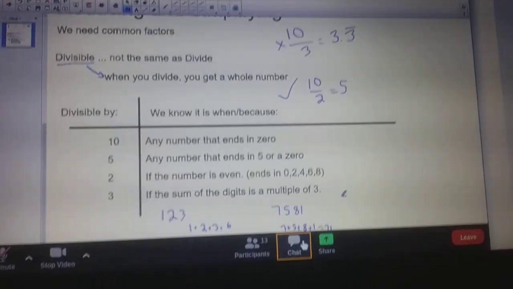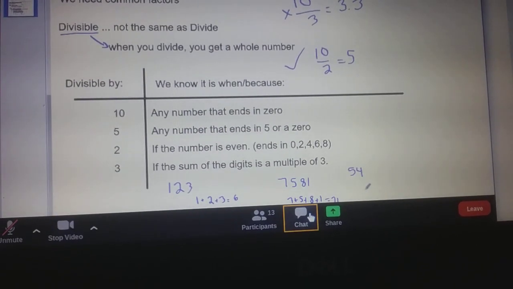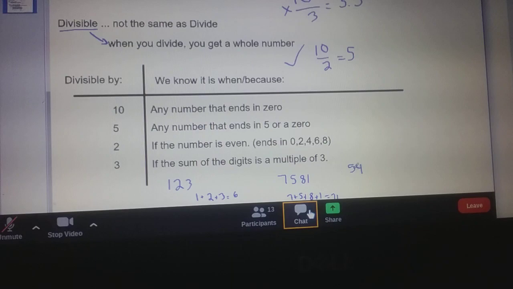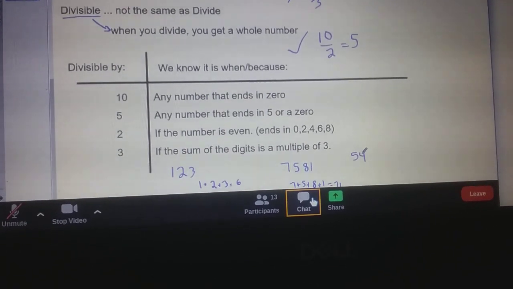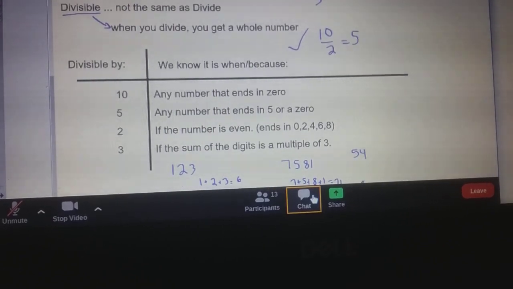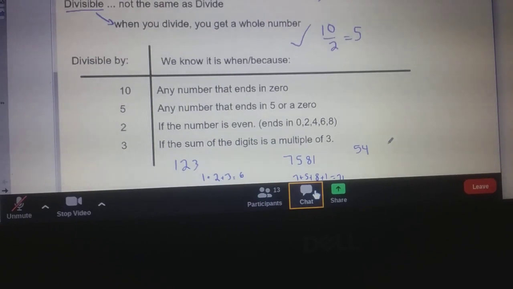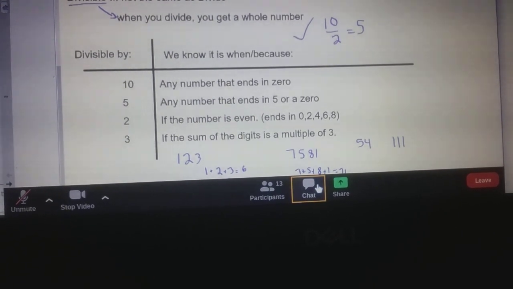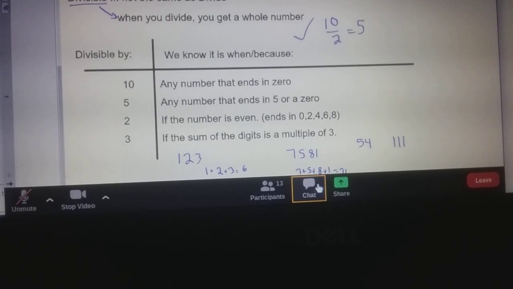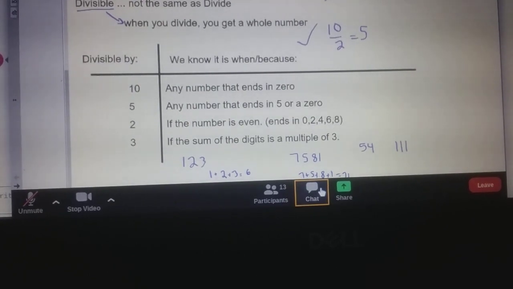And it works for smaller numbers. Let's say you have 54. Is 54 divisible by 3? Well, 5 plus 4 is 9. 9 is a multiple of 3. Yeah, you can divide 54 by 3 and get a whole number. This is one of my favorite ones for no reason. 111, that is divisible by 3. Because 1 plus 1 plus 1 is 3.